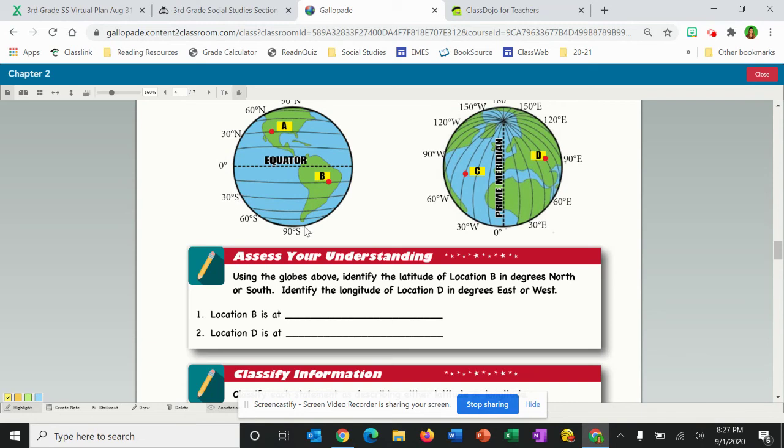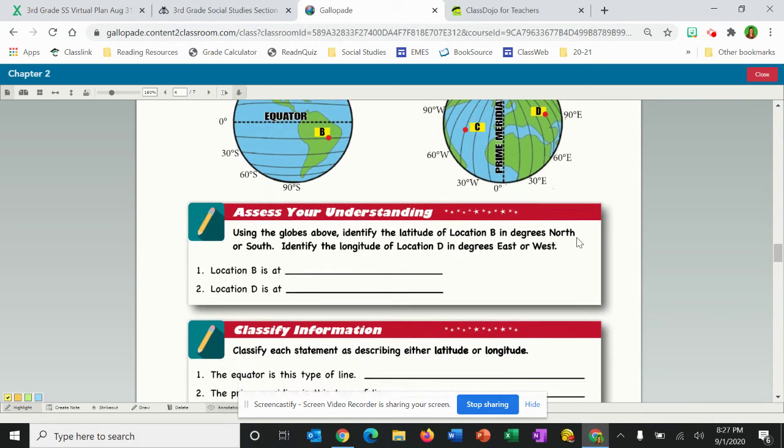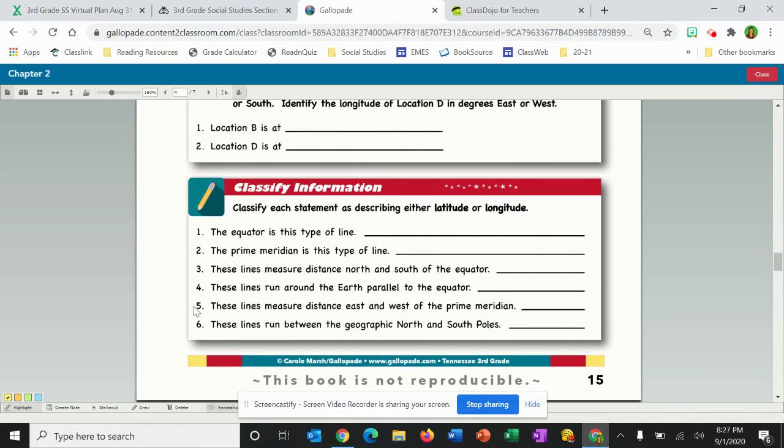And notice if all of these say south, what do you think this location is going to be? Okay, and then I want you to try your best and classify this information. You're going to either write latitude or longitude as your answer for each of these 6 questions.